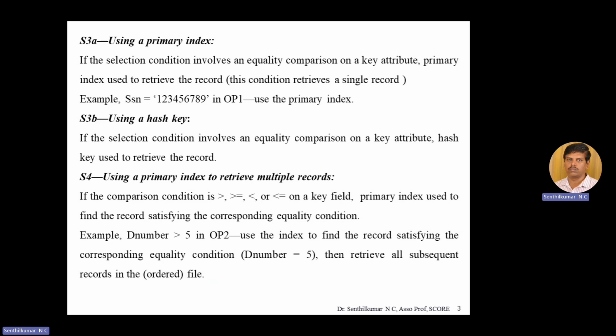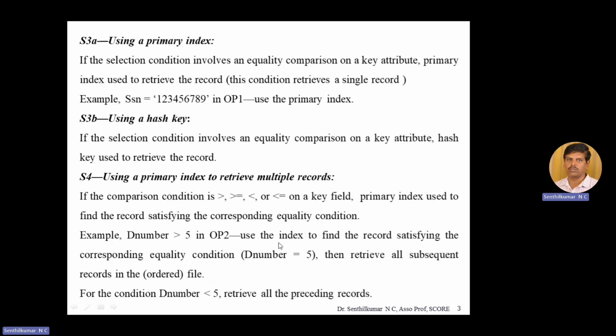After that, all the remaining records will be retrieved, because the data file is arranged in order based on the primary key. Once the primary index reaches the condition dnumber greater than 5, immediately all the remaining records are retrieved and added to the output shown to you.